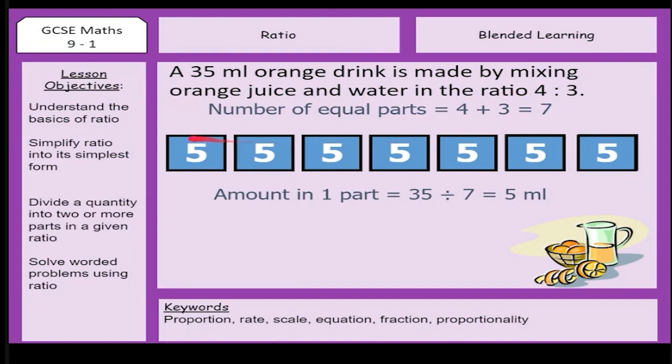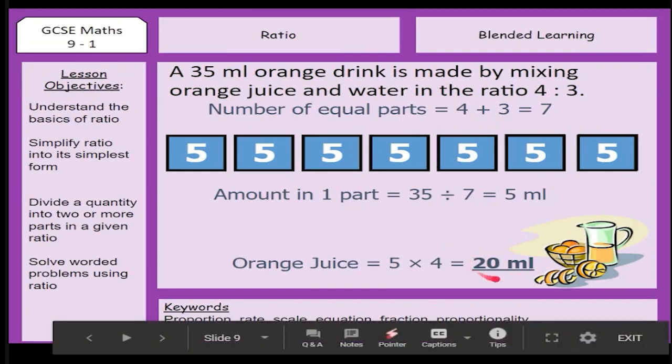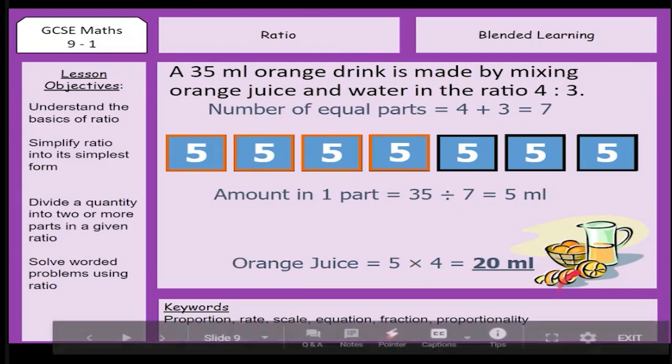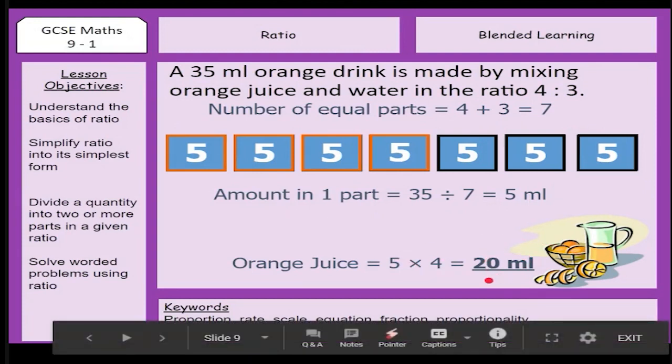So if I do 5 multiplied by 4, that will give me 20 milliliters. So 5, 10, 15, 20. 1, 2, 3, 4. So 20 milliliters of orange juice.